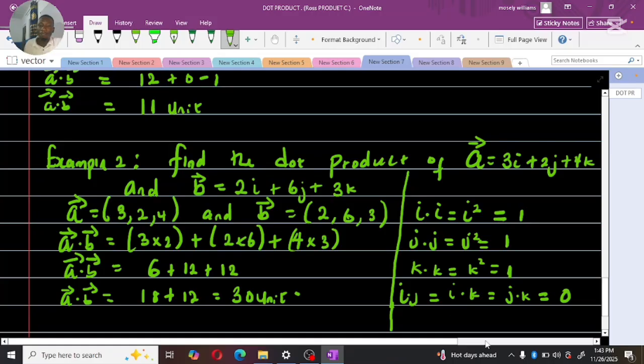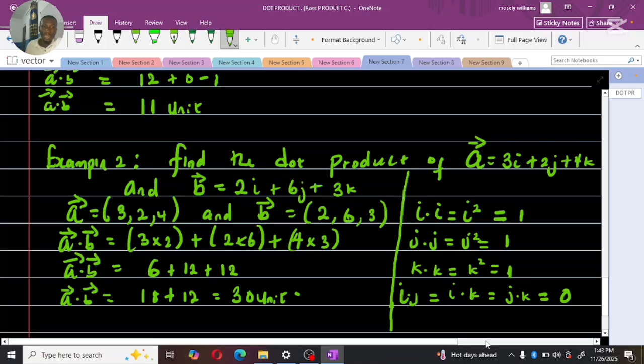When you multiply i and i together, it is 1. When you multiply j and j together, it is 1. So it's as simple as ABC.